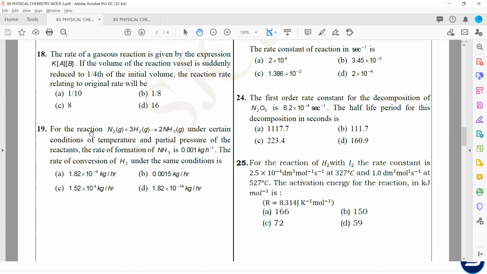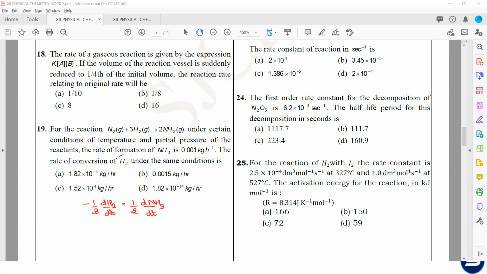Next, for the reaction N2 plus 3H2 giving 2NH3 under certain conditions of temperature and partial pressure of the reactants, the rate of formation of ammonia is given. The rate of conversion of H2 under the same condition is? So you have to just relate the two rates. The relation between ammonia and hydrogen is -1/3 dH2 by dt equal to +1/2 d NH3 by dt.